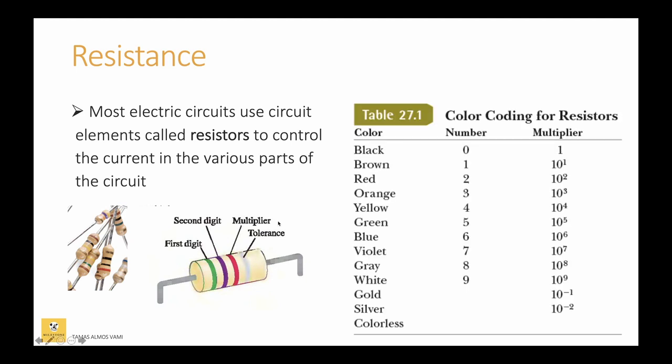So let's just do this one. This is brown, green. So brown is going to be 1, and then green is 5. So that's 15 times 10 to the power of yellow, that's a 4, so that's 150,000 ohms in this resistor.